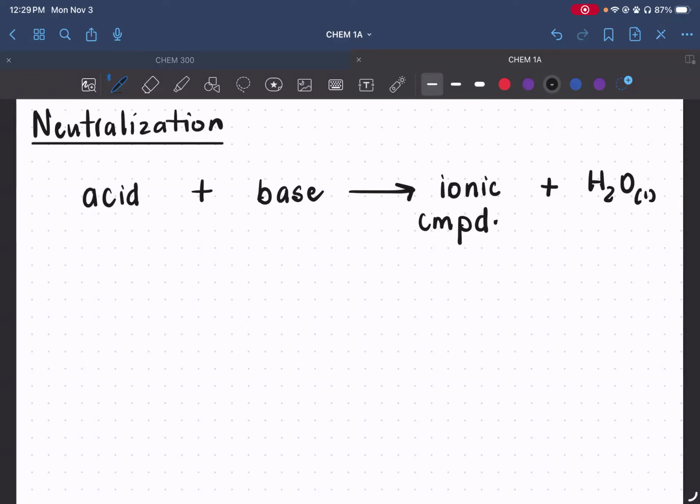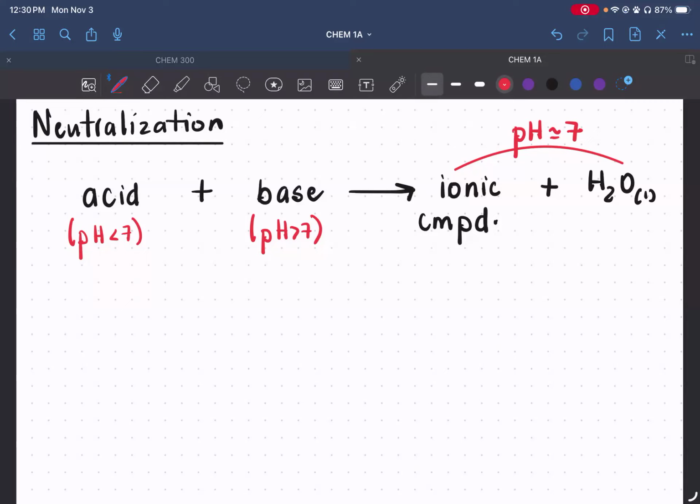The idea, of course, behind neutralization is that these different chemical compounds, an acid where the pH is less than 7, and the base where the pH is greater than 7, eventually react to form products where the pH is pretty darn close to 7.